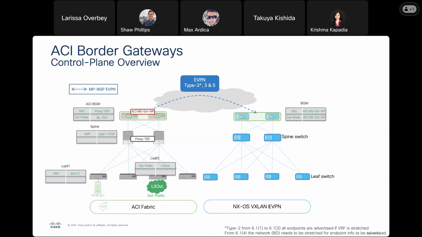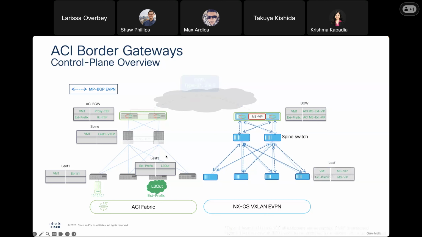That's then shared with the border gateway on the NXOS side, and they're all advertised using that ACI multi-site external VIP. We did just start supporting route maps in 6.1.2, so you can leverage those to limit certain endpoint IPs or external routes from being advertised. All that gets advertised to the NXOS BGW.